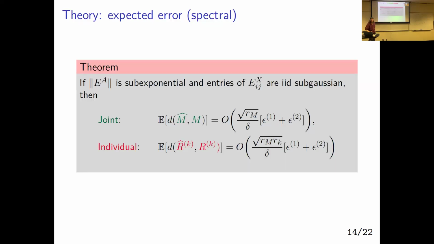And then here's a theorem that we came up with. Basically, if you've got a sub-exponential tail for the spectral norm of the network noise, and your covariate noise is IID sub-Gaussian, then on average, the Procrustes distance between your joint and your estimate for the joint is basically going to be inversely proportional to the subspace separation and proportional to those noise levels for the network and covariates.